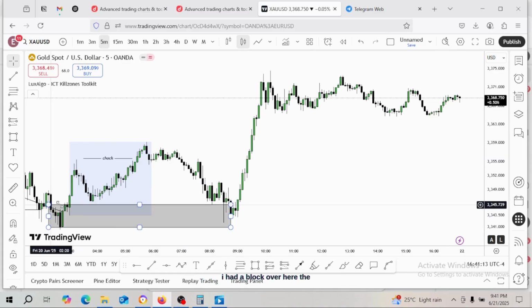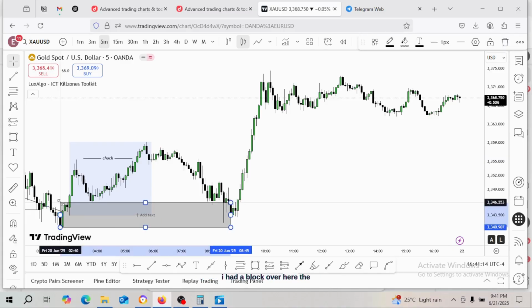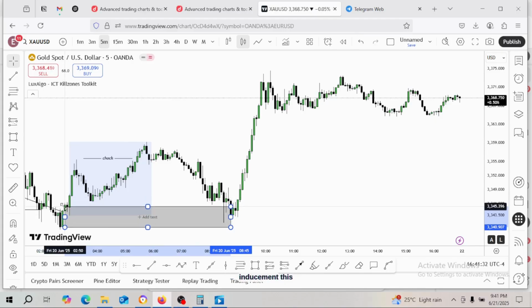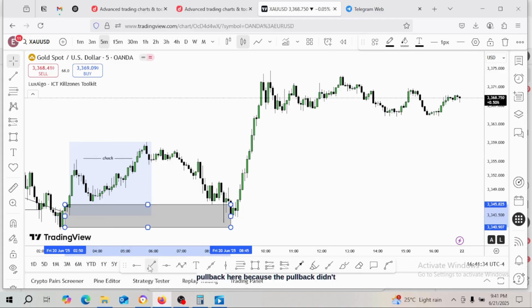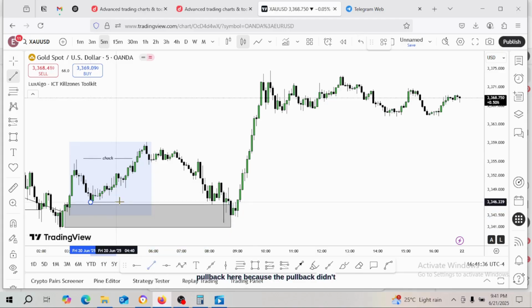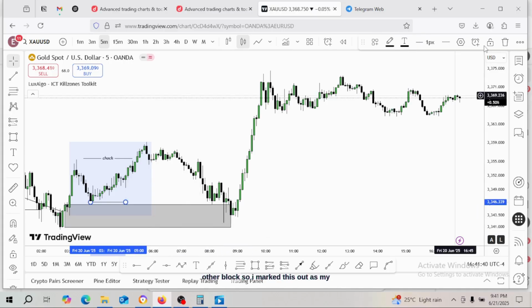So you can see the order block over here, the last bearish candle before the up move. I marked this out, and where is my liquidity, my inducement? This pullback here, because the pullback didn't touch the order block.